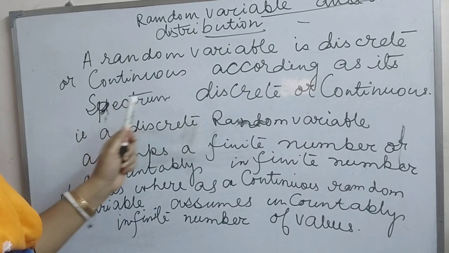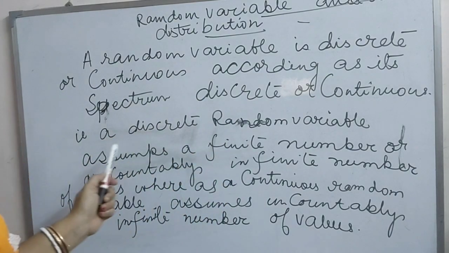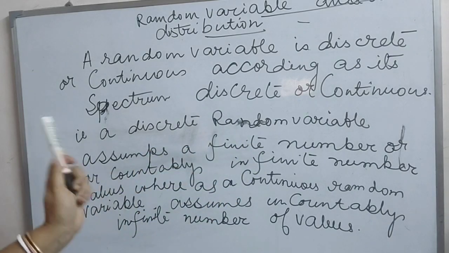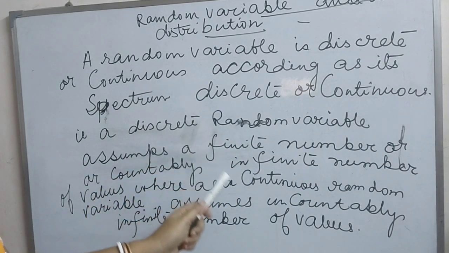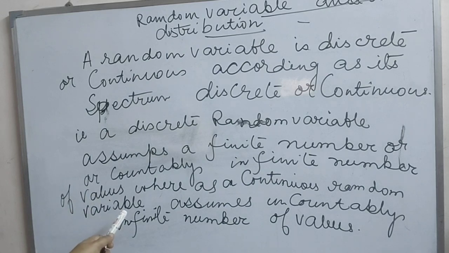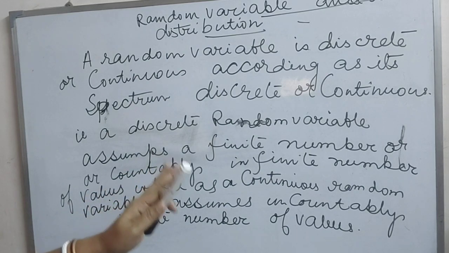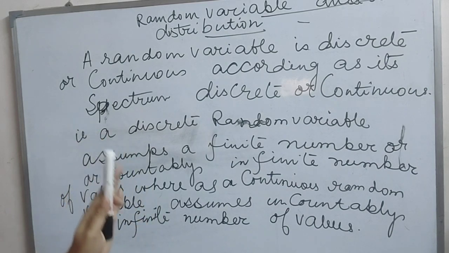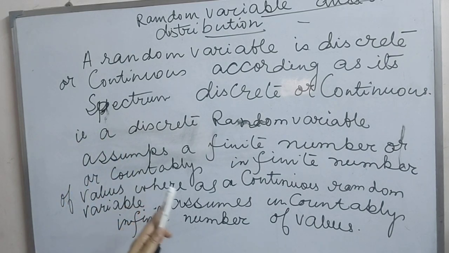That is, a discrete random variable assumes a finite number or countably infinite number of values, whereas a continuous random variable assumes an uncountably infinite number of values.